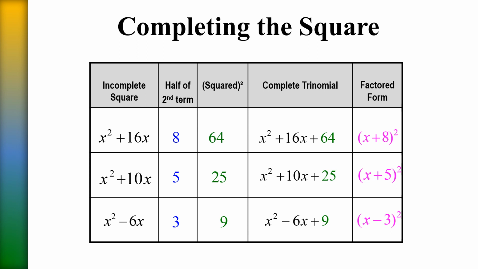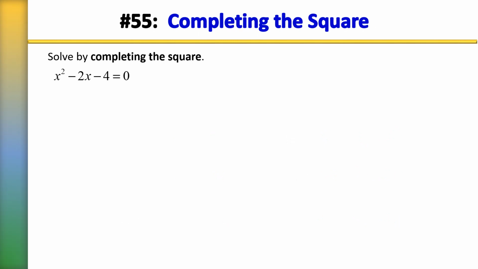Okay, so now that we have a better understanding of how to complete the square, let's go ahead and actually solve a problem where we're going to need to complete the square. Okay, number 55, our last problem, solved by completing the square. Well, recall the chart you just filled out on the previous slide. On the first column you have the x squared term, followed by the x term.